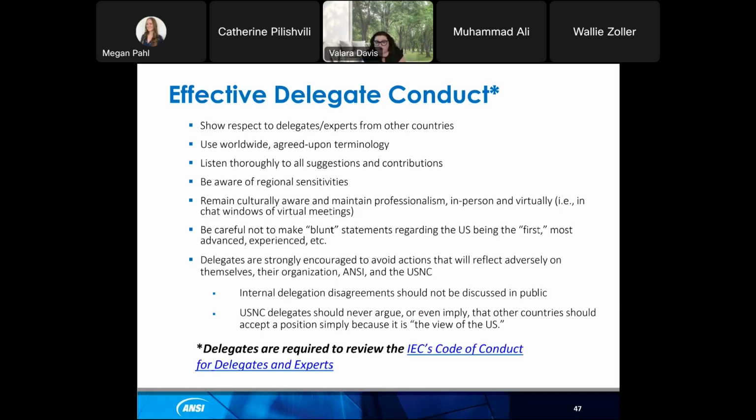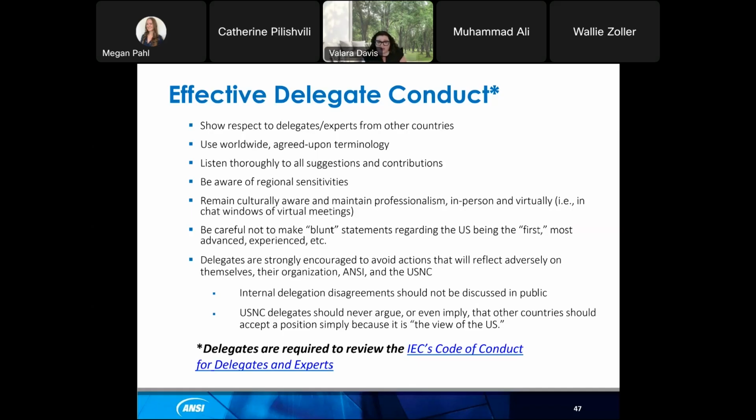We want to use worldwide or agreed upon terminology, that we're listening to their suggestions and their contributions, not just being dismissive. We also want to be aware of regional or country sensitivities.